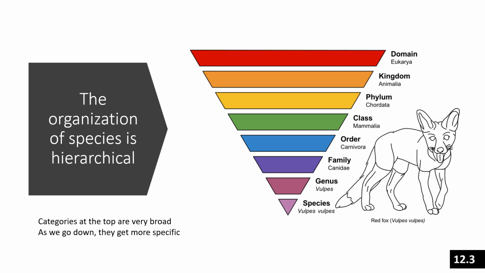If we go up a level, it's in the genus Vulpes, which includes many species of fox. Then up to the family level, the family Canidae includes all dogs. Up to class, we have a group containing all mammals. So you can see that the classification levels get broader and less specific as we go up.